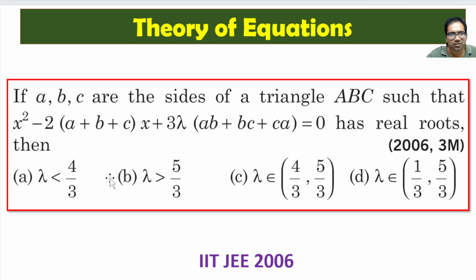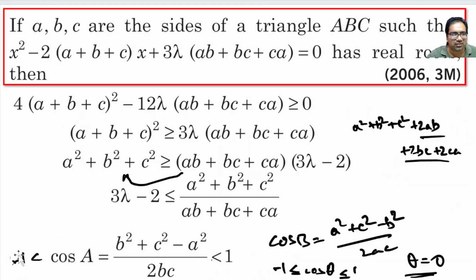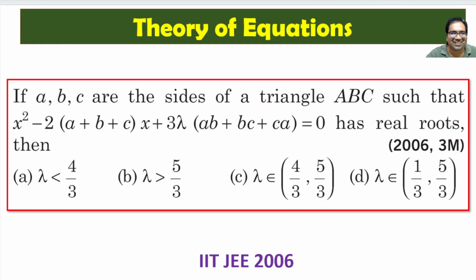Here we are not asked about the lower limit of lambda. Even if we didn't take this -1, if we are just restricted to the upper bound, then also the answer was sufficient. Right, guys? Hope you understood. The problem is very simple. Basically, a, b, c are sides of a triangle. That means the lengths are related, so we can establish a relation between a, b, and c using the cosine rule.